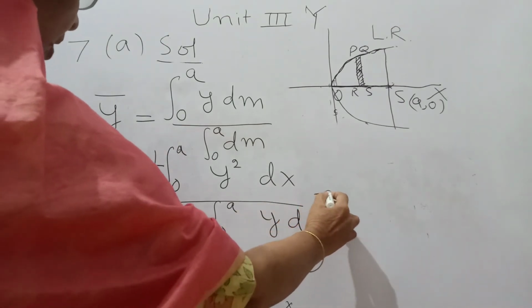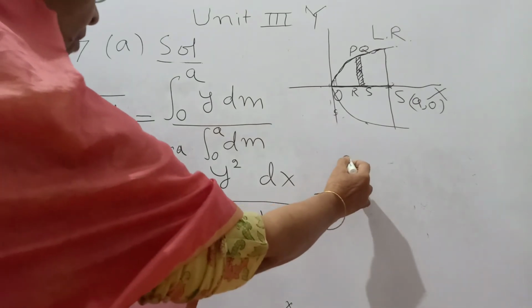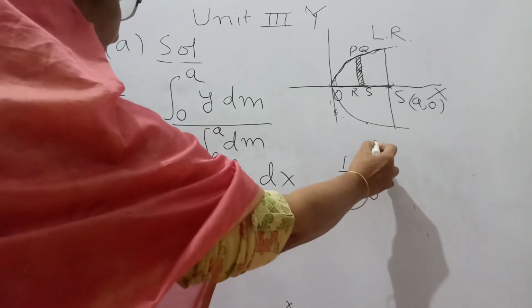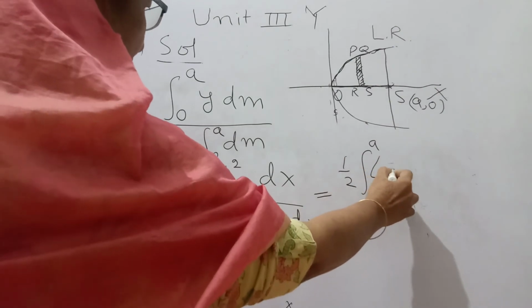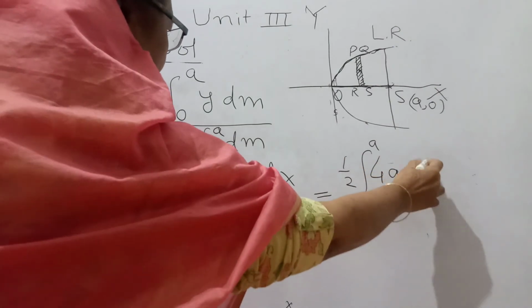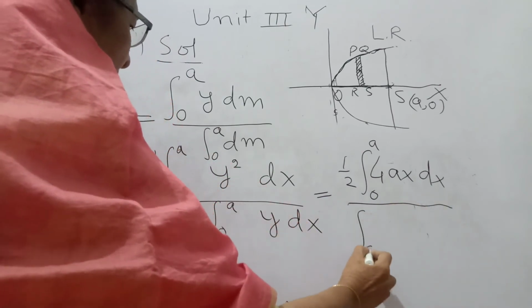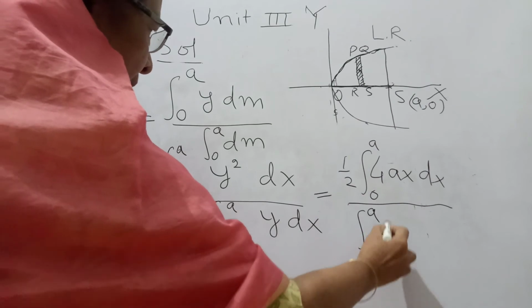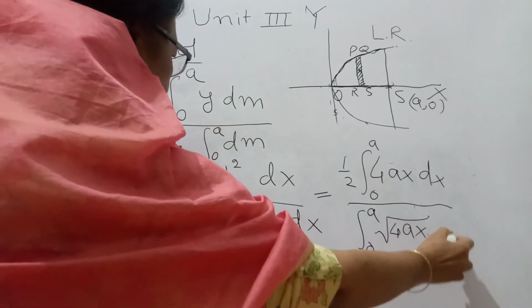Now what next? You have to put the value of y in terms of x. So it will become half integral 0 to a, y square is 4ax, and then dx, divided by integral 0 to a y is under root 4ax into dx.